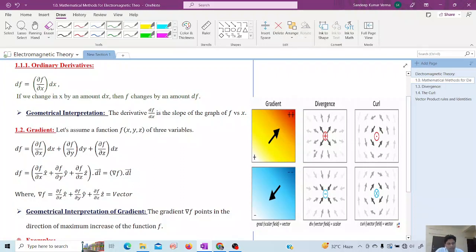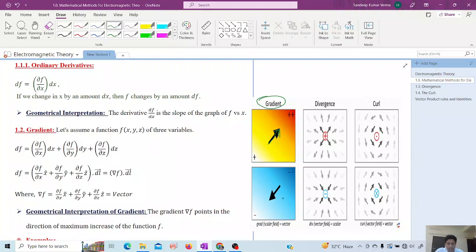The geometrical interpretation of the gradient is that it points in the direction of the maximum increment of the function. Here we can see in the figure that the direction of the gradient is along the maximum increment of the field. Here there are two plus charges and here a single plus charge, so the gradient is along the maximum change in the function.